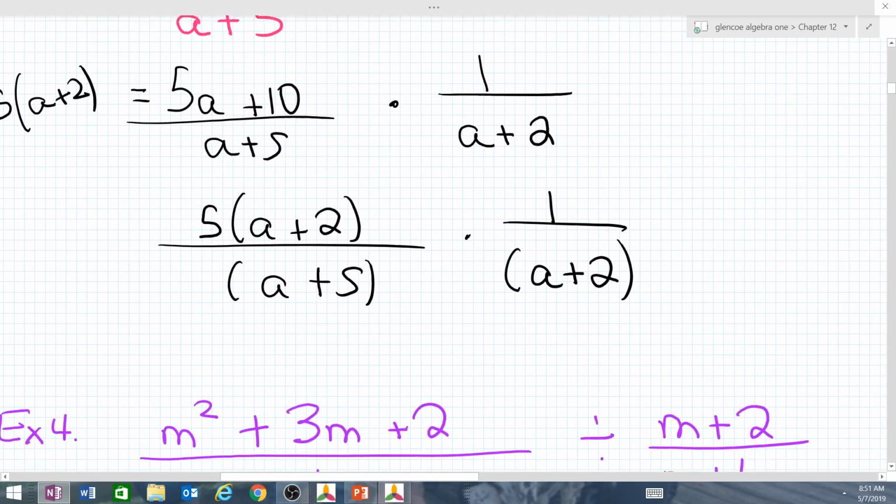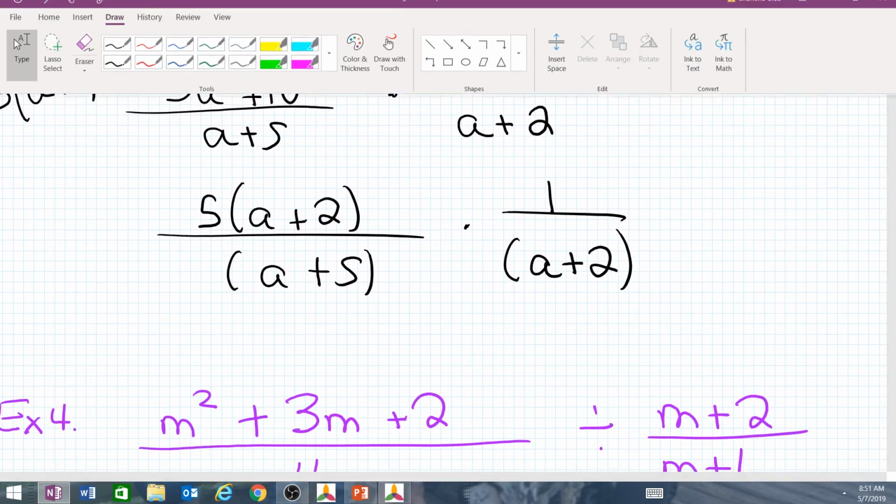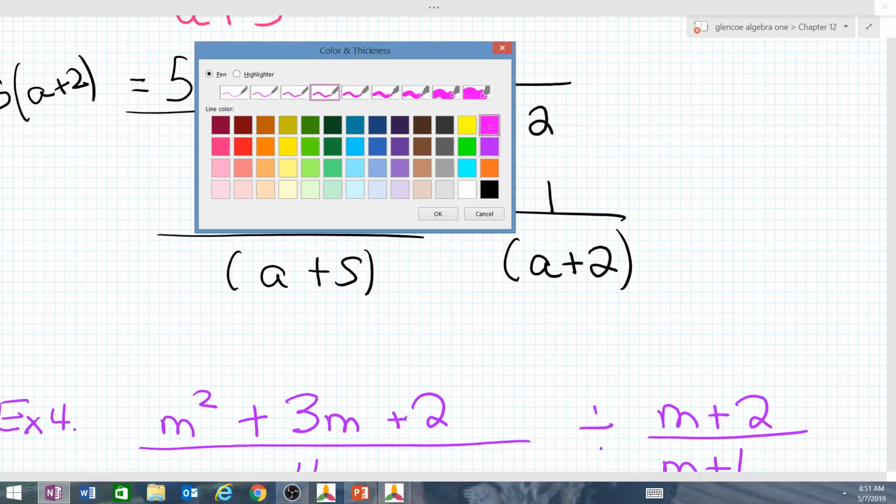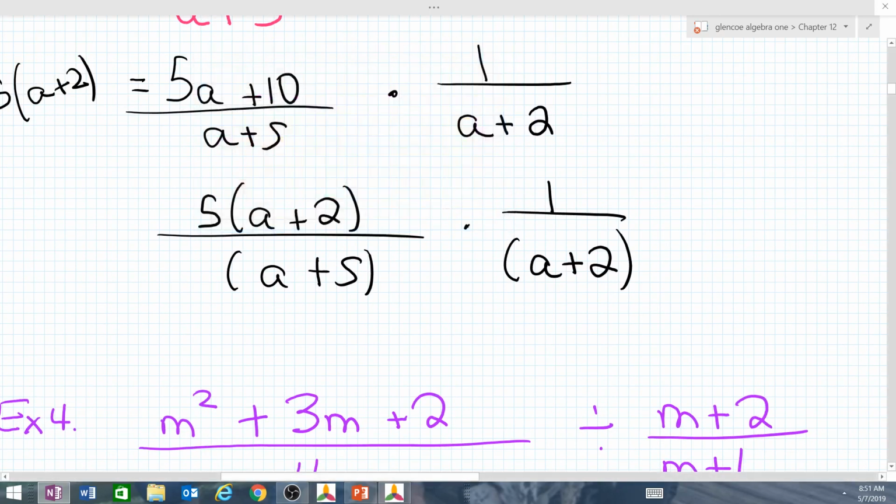And now we're ready to cancel. What's going to cancel, guys? Yes, the a plus 2's cancel, which leaves me 5 times 1, or 5, all over a plus 5.